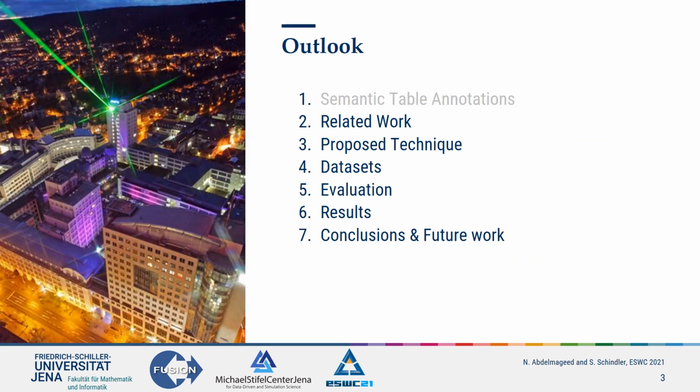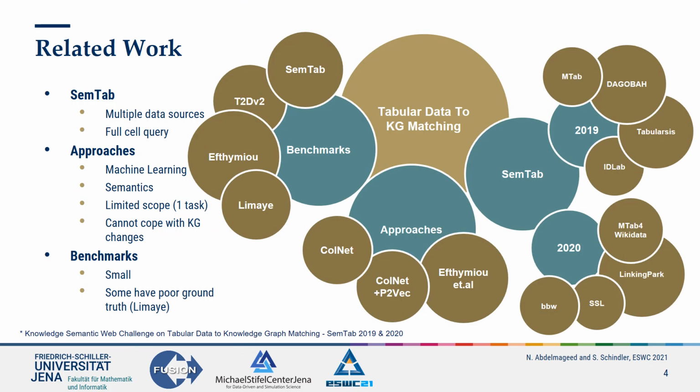The rest of the outline is as follows: related work, proposed technique, then the used datasets and our evaluation, the results, and finally, conclusions and future work. We have grouped the related work into 3 categories: benchmarks for evaluation, JenTab challenge participants over the last 2 years, and other approaches which integrate machine learning.